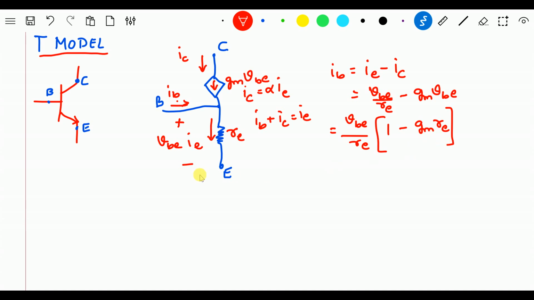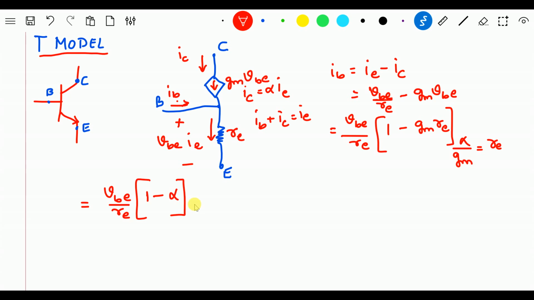If you remember the RE model derivation, we wrote GM into RE as alpha, because we derived alpha by GM equal to RE. So alpha is equal to GM into RE.